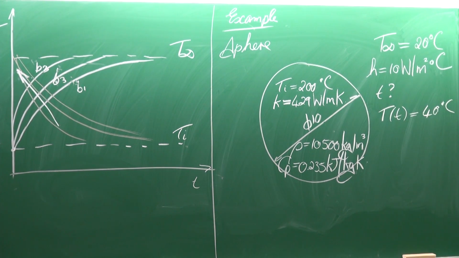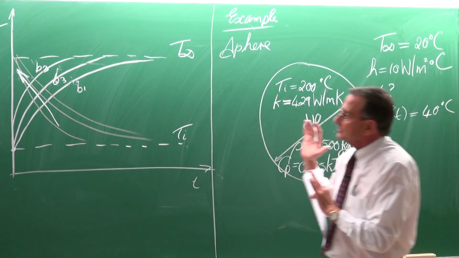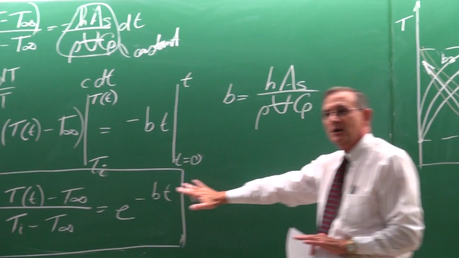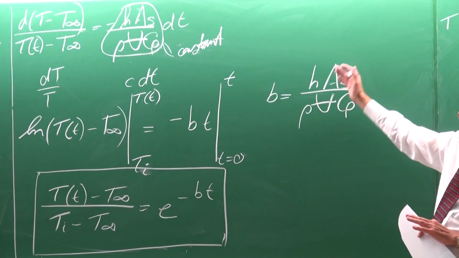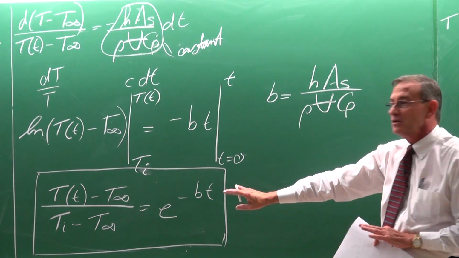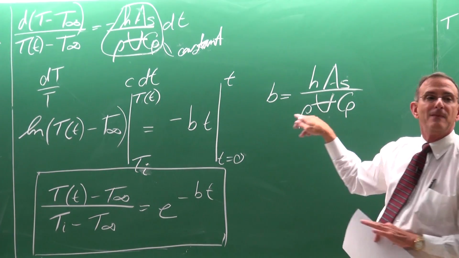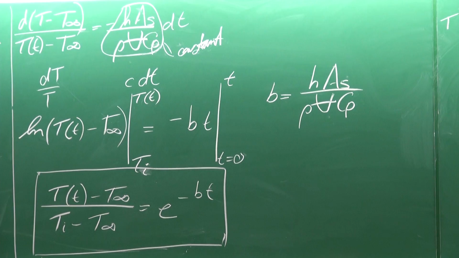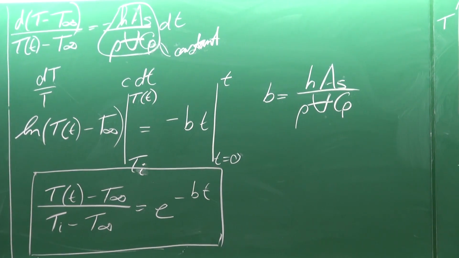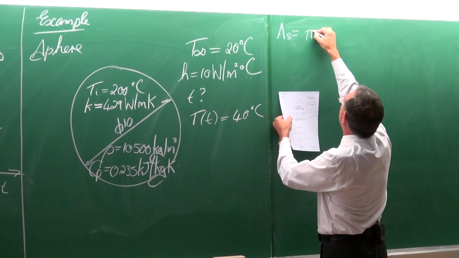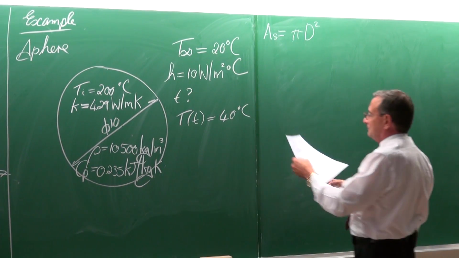Right. So if we look at typically the B value, if we look at this equation, we can go and do some calculations before we put it into the equation. For example, we can see that we have to calculate the surface area and the volume. So I'm going to start with that. So the surface area of a sphere is equal to pi d squared.